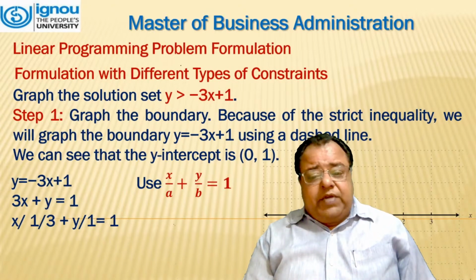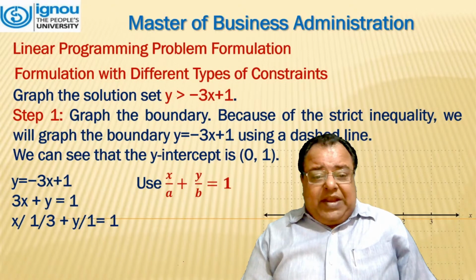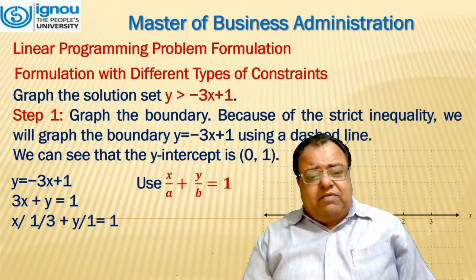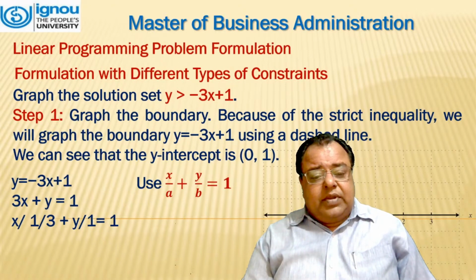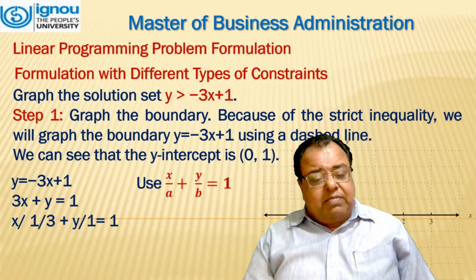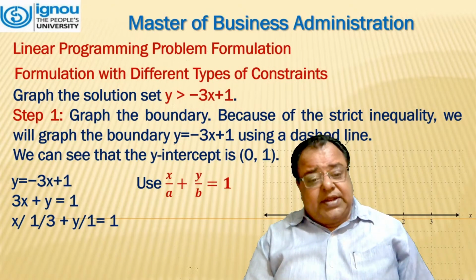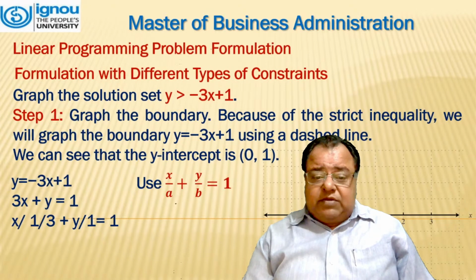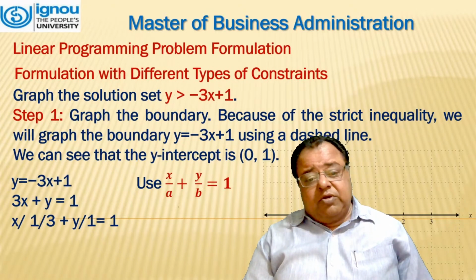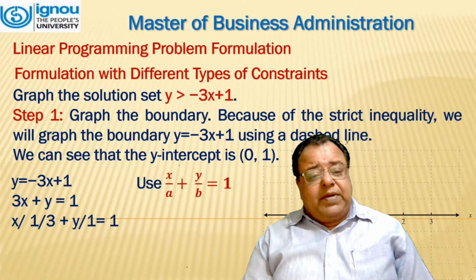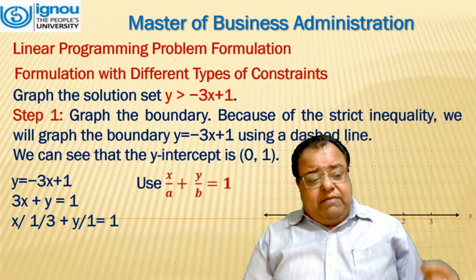Normally, we should convert this equation into an intercept form equation, that is x by a plus y by b equal to 1. Taking up that equation, we will be removing the inequality sign and equating it.